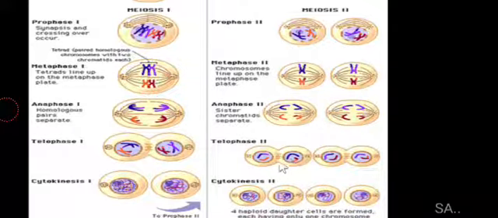At the same time the nuclear envelope will reform, the nucleolus will appear, and all the other membrane bound organelles like endoplasmic reticulum, Golgi apparatus, everything will form here in telophase 2, and you are having the centriole at the terminal.